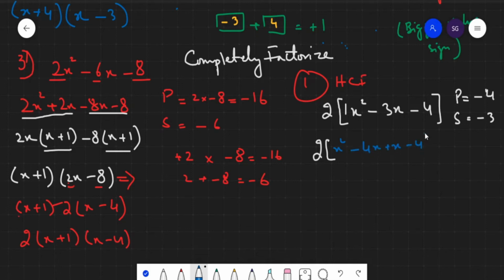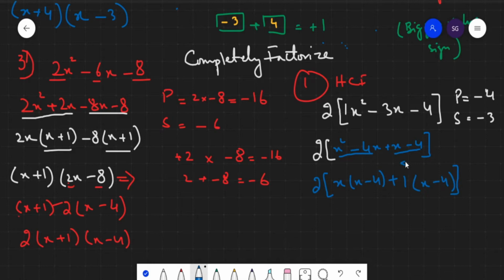So x squared plus x minus 4x minus 4. You can check it by properly doing that. And then 2 times, the first pair has x common in them, so (x minus 4) in the bracket and x outside. And there's another important thing that you should note. If nothing else is common in x minus 4, you will always show that 1 is common from them.